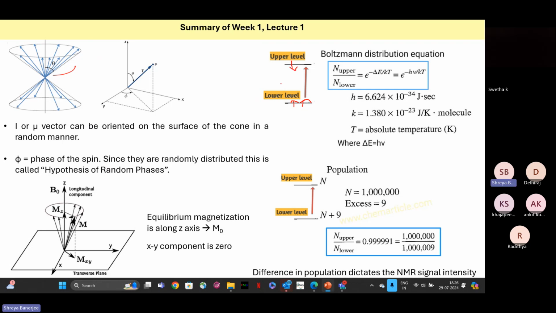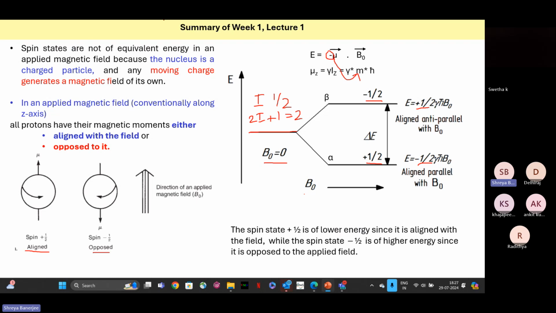There is a certain population in the lower level and a certain population in the upper level, and this is determined by the Boltzmann distribution equation. If we consider n upper as the population in the upper level and n lower as the population in the lower level, this ratio is e to the power minus delta E by kT, where delta E is this energy difference.